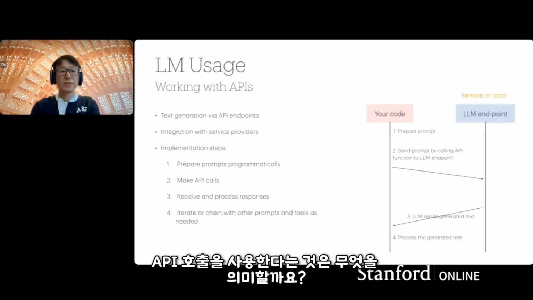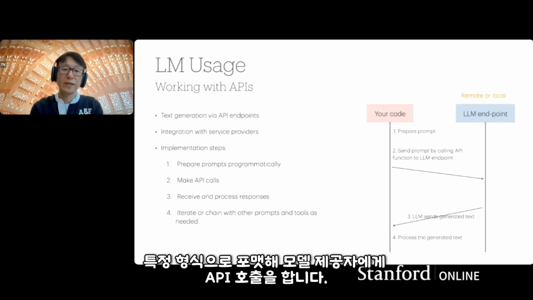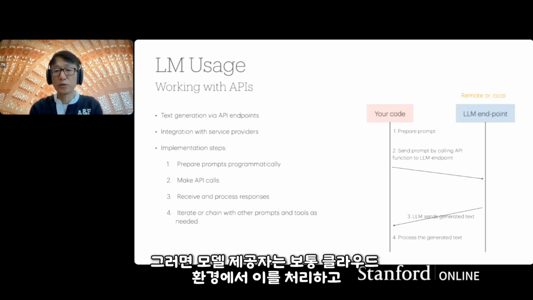So what does it mean to use API calls? Let's step back. The language model takes the input, natural language input text, and then generates the output. So that means we need to prepare a certain form of free-form natural language text, as an instruction or a question, and put it in a specific format so that you can make an API call towards the model provider.